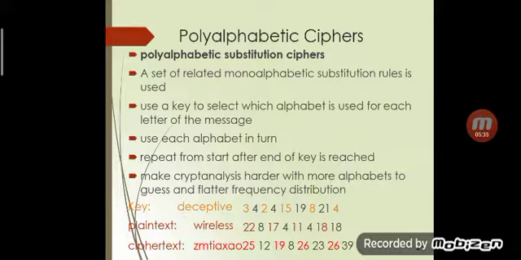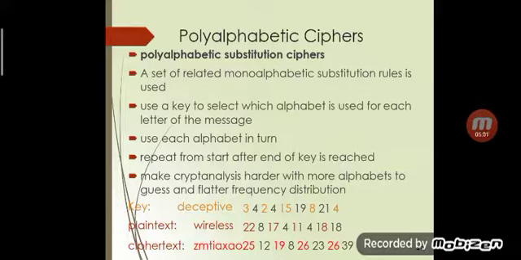The respective alphabet for 25 is Z, so we replace 25 with the letter Z. The next is 4 plus 8, that is 12. The respective letter for 12 is M, so we replace the number 12 with the letter M.